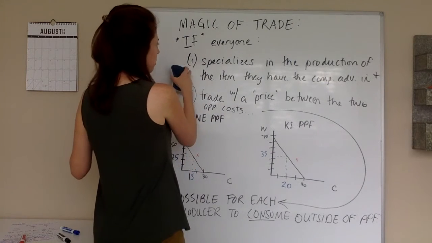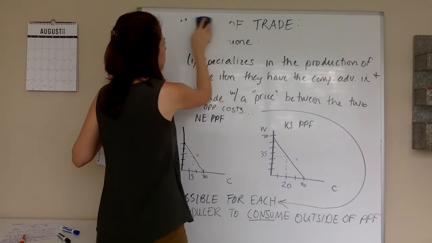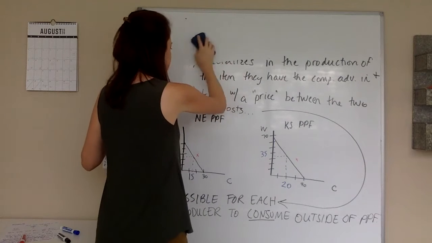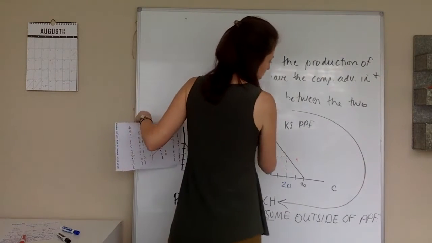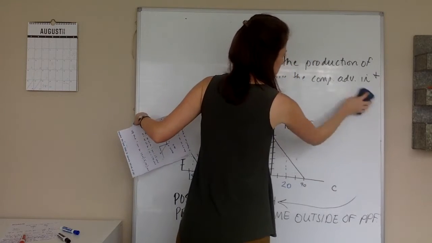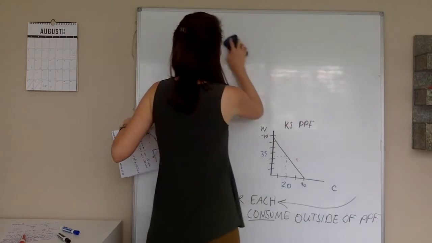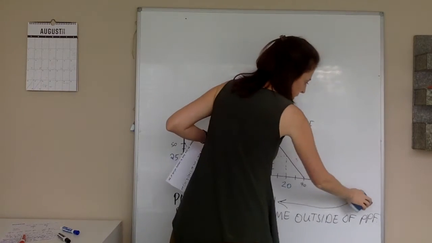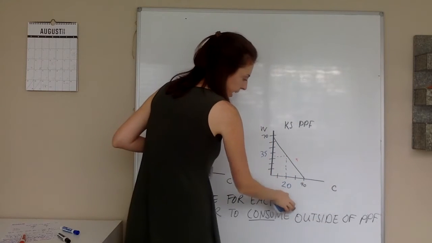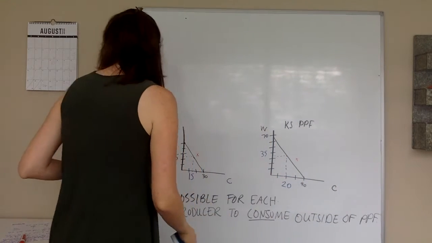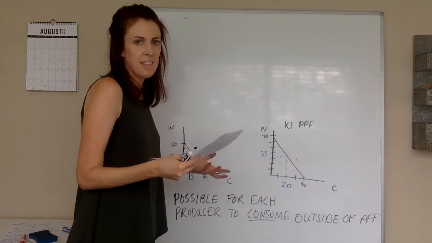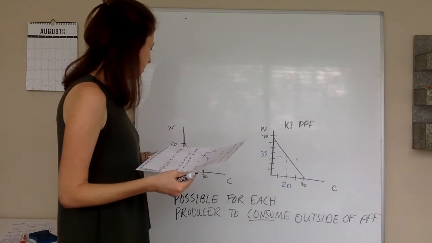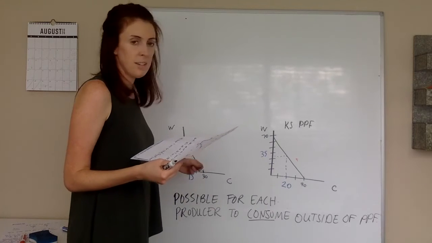The first condition is that each producer needs to specialize in the production of the good that they have the comparative advantage in. What does specialize mean? In this context, specialize just means that each producer spends more than 50% of their time producing that thing. So if you spend more than 50% of your time making wheat, then you're specializing in wheat.